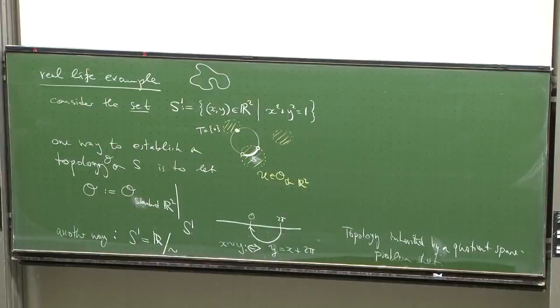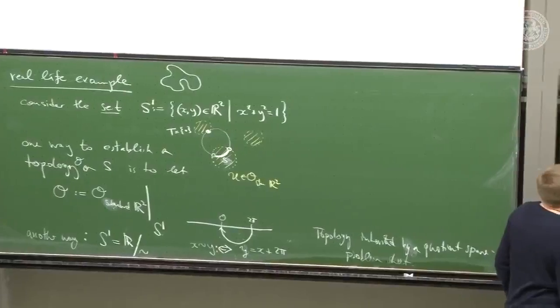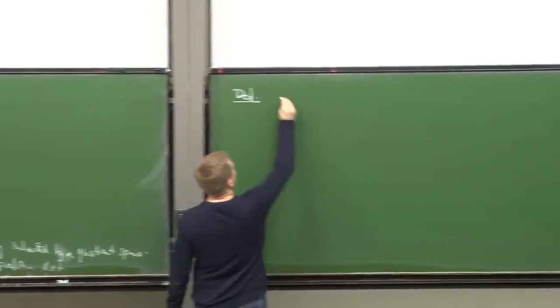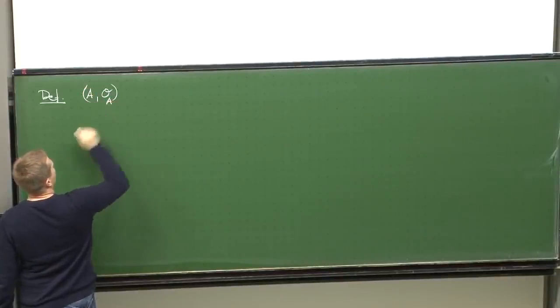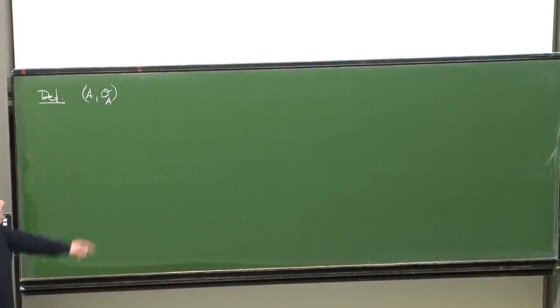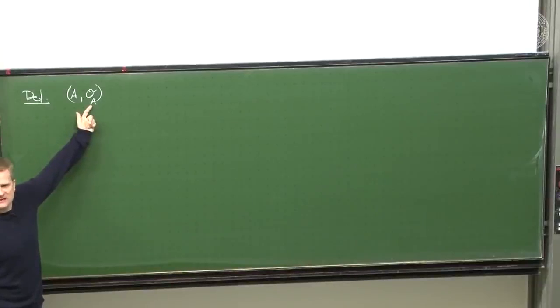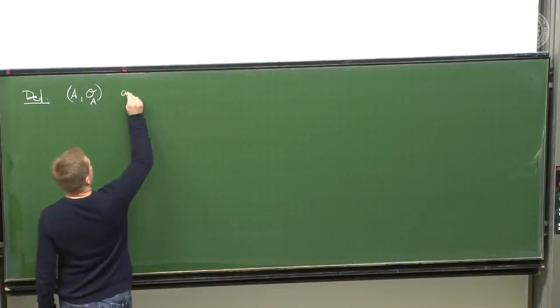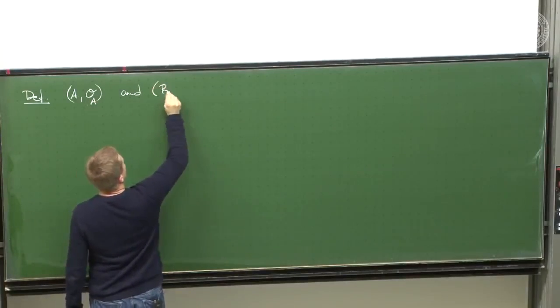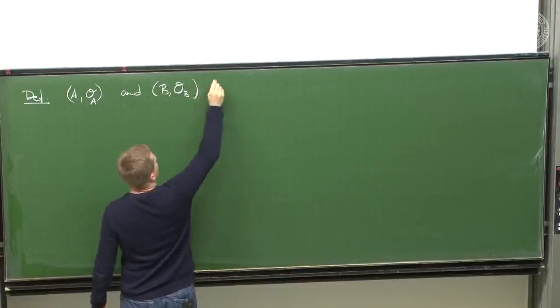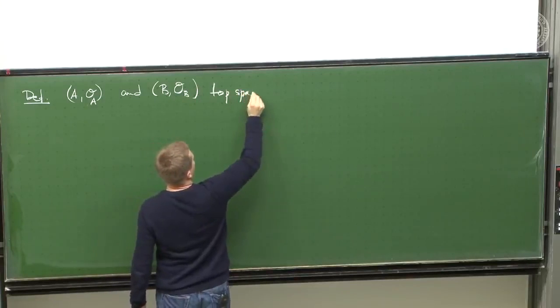One more definition, a very important one, is how do you inherit the topology from two spaces. So let's have a topological space A with a topology O_A. It's now not the induced topology, it's just one topology. And let's have B with O_B, let these be topological spaces.